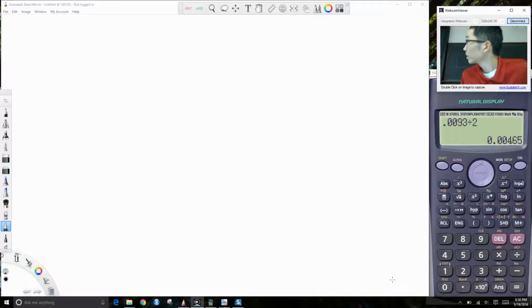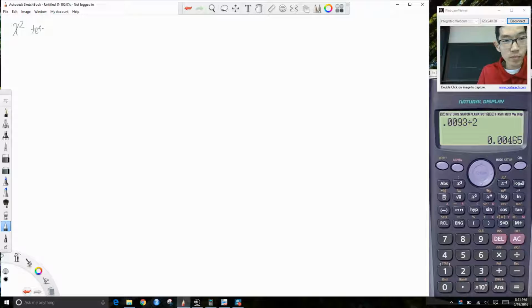So now we'll cover the chi-squared tests. This is a chi. It looks like an X, but it's the Greek X, and it's the chi-squared test.